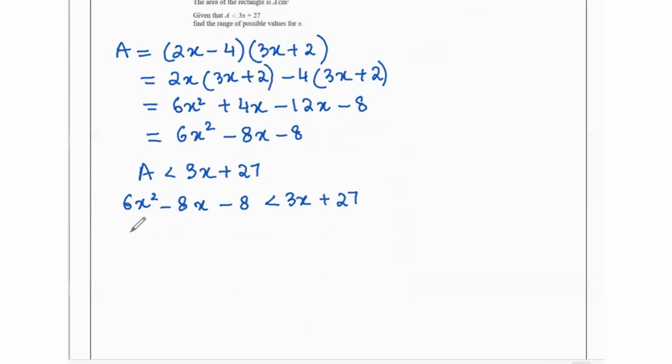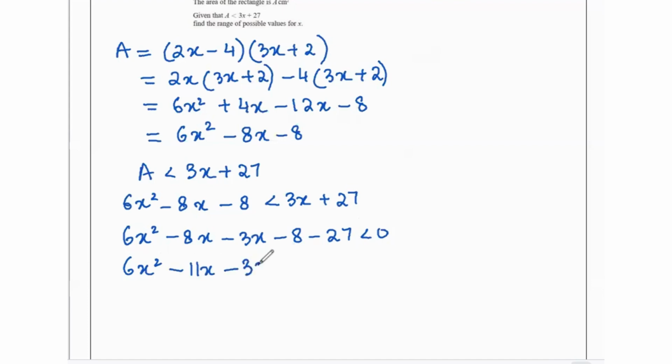Move everything to the left-hand side. So 6x squared minus 8x minus 3x minus 8 minus 27 less than 0. Collect the like terms. Negative 8x minus 3x is negative 11x. Negative 8 minus 27 is negative 35.